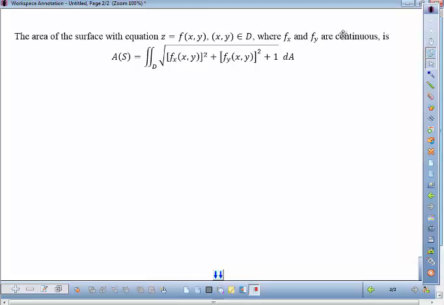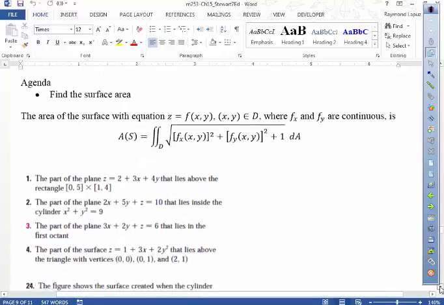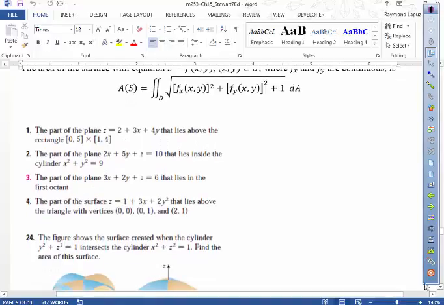So what example are we going to do? Let's pick one example from here. Let's do one with a triangle.